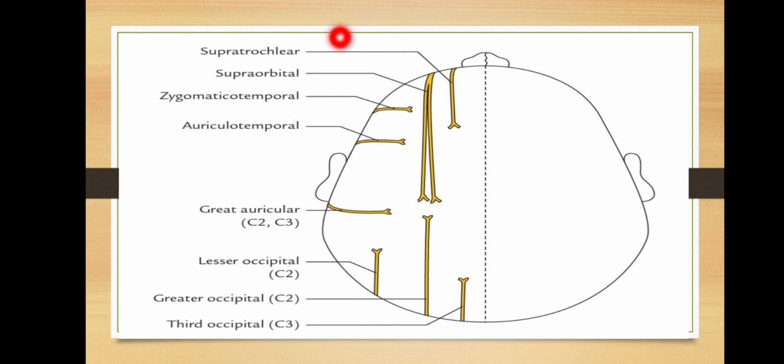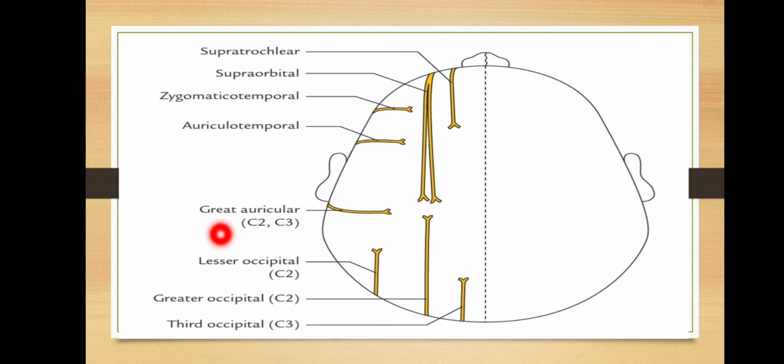So these are the nerves which lie in front of the auricle, and all of these are derived from the trigeminal nerve. I repeat, all of these nerves are derived from the trigeminal nerve.